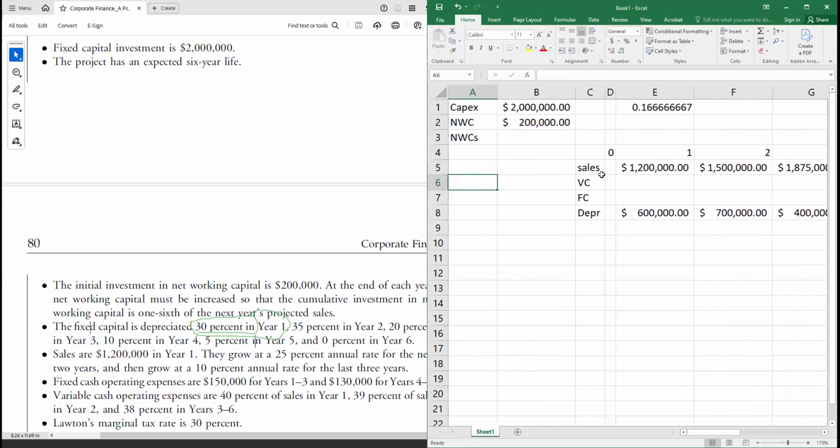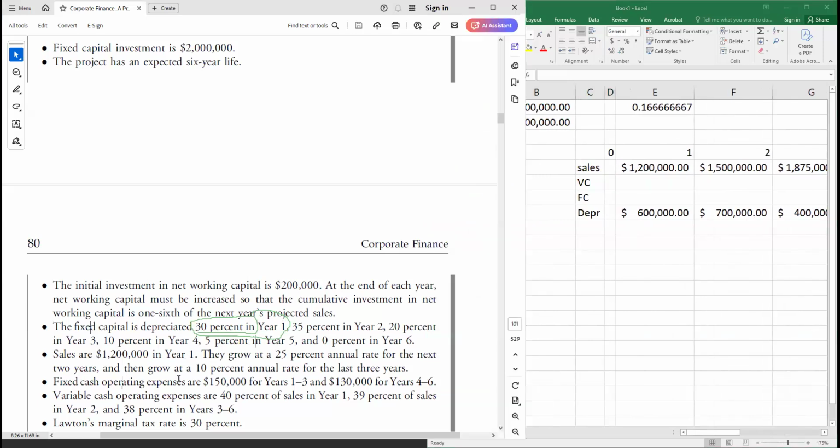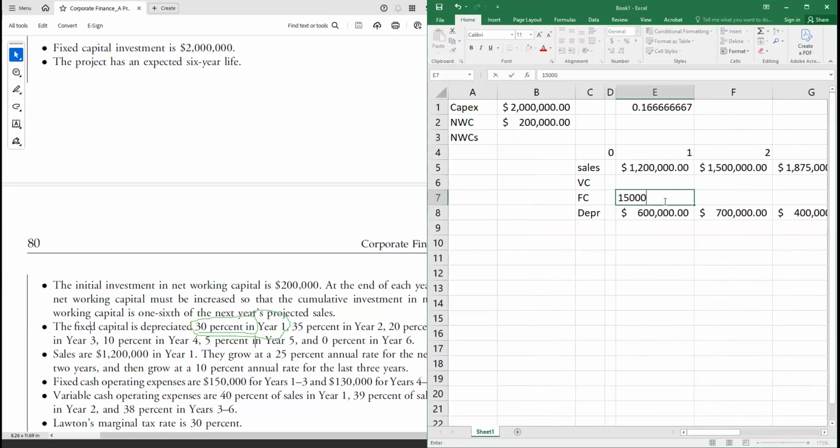Okay, now we go for the fixed cost. It's 150,000 for the first 3 years. Okay.